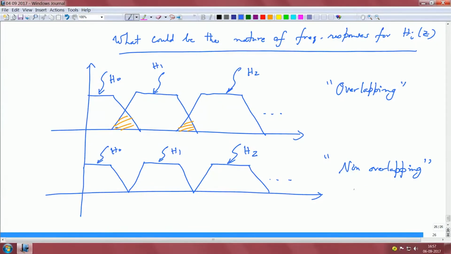Non overlapping means steeper frequency transitions. There is a transition bandwidth, and if you look at the slope of the transition bandwidth, it is steep here, and here it is more relaxed.